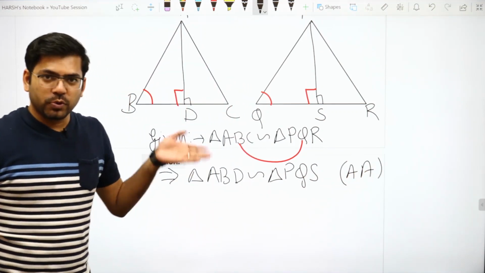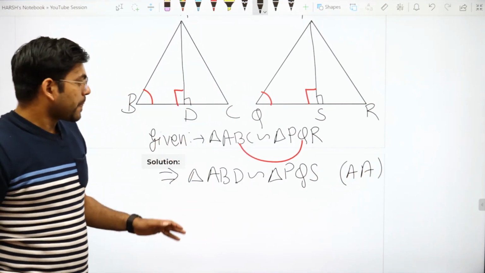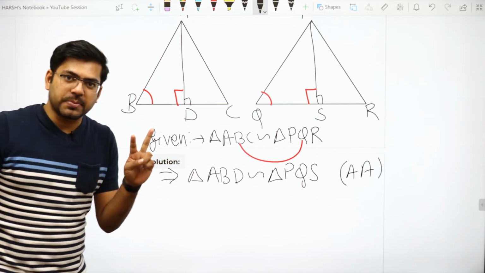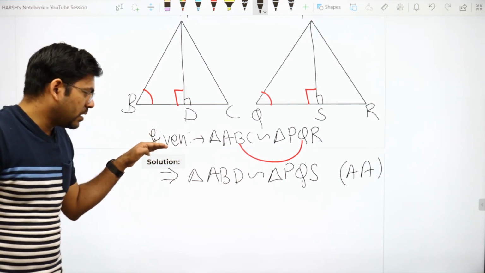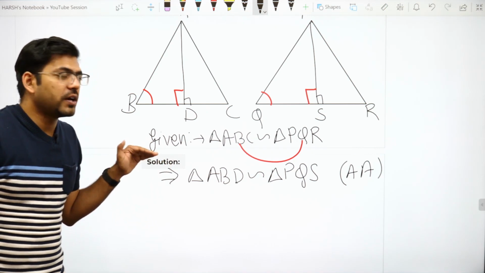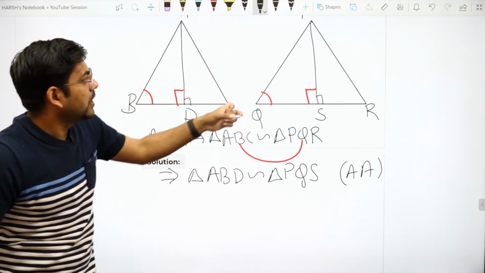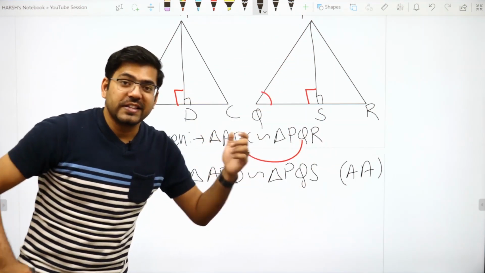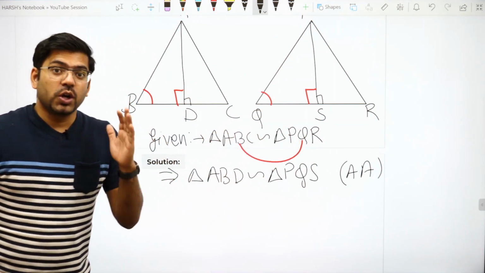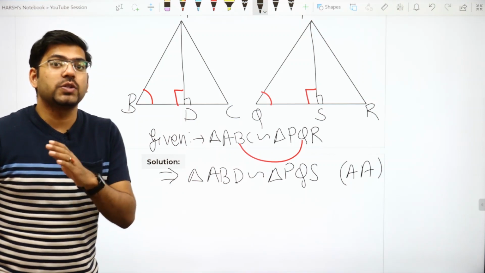See, it's not required to prove the whole triangle. It's not required, okay? But yes, I'm skipping 2-3 steps here, which I will even tell you. Given, thereafter to prove is very important, and thereafter construction. Construction would be that you have drawn AD perpendicular to BC and PS perpendicular to QR. These steps are very important. So don't leave these steps, otherwise you will lose your marks.